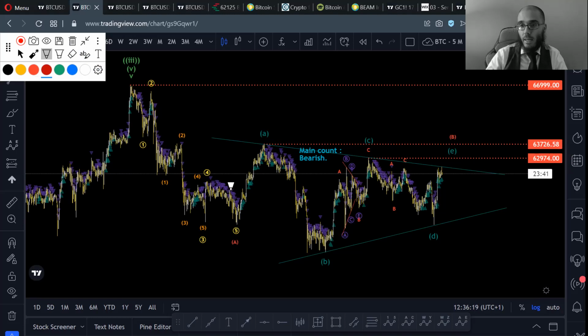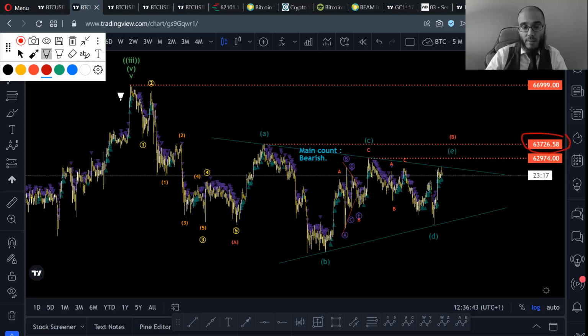If that's the case, I will inform the members of my private channel as soon as I've made up my mind. But the main count, which is bearish, will get invalidated when 63,725.58 breaks.